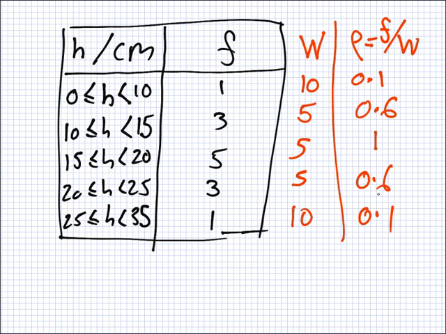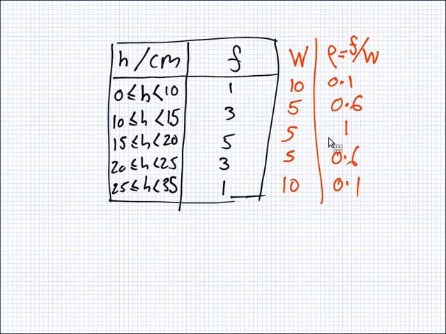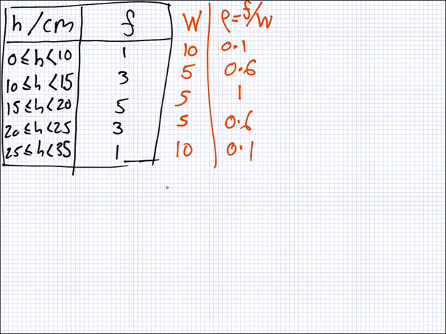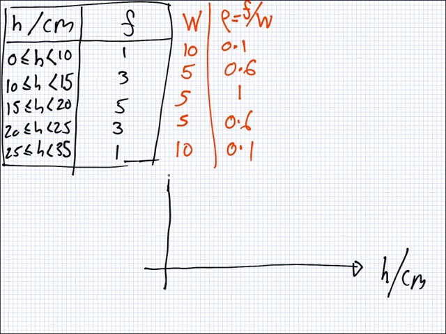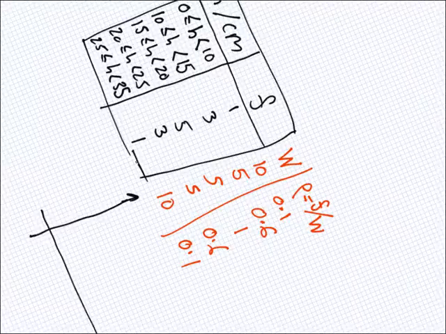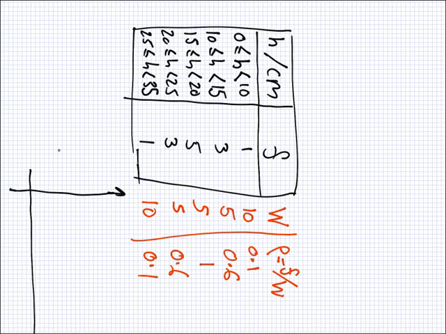Okay, so you should have the table finished there, the extra pieces of information here. And let's try and draw this now. Height in centimeters, and this is density in per centimeters.